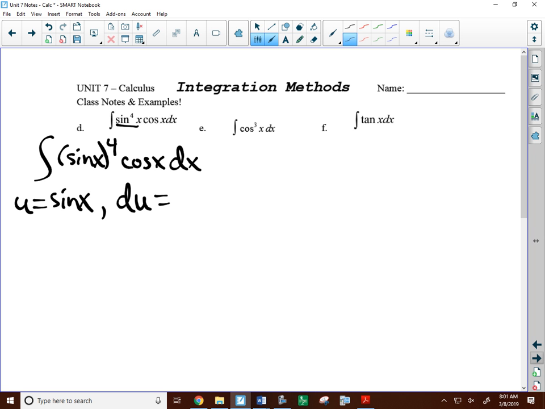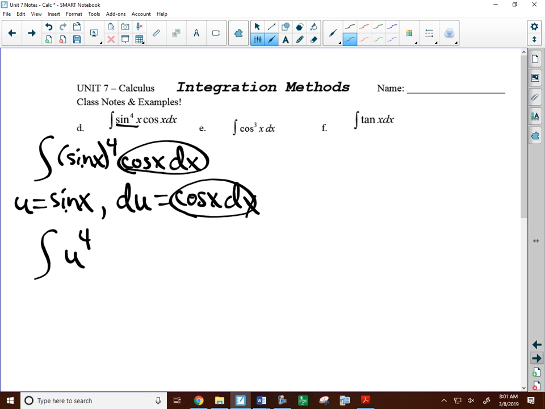Check, and it is cosine of x dx. And hopefully, right there, you're already looking and seeing why this works. Now, let me go ahead and plug things in. In place of sine x, I'm putting u. So it'll be u to the fourth. Then right here, cosine x dx is right there.